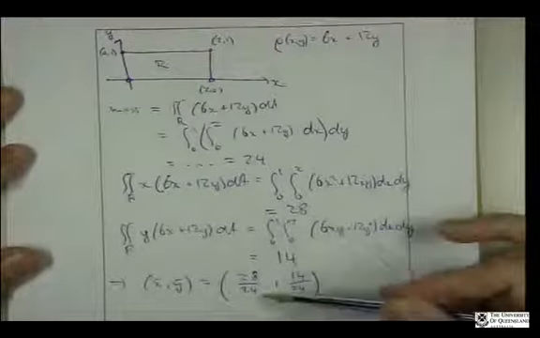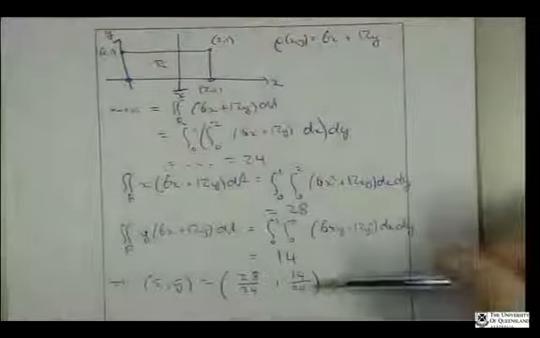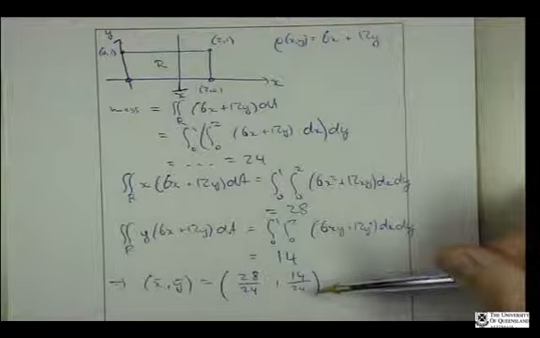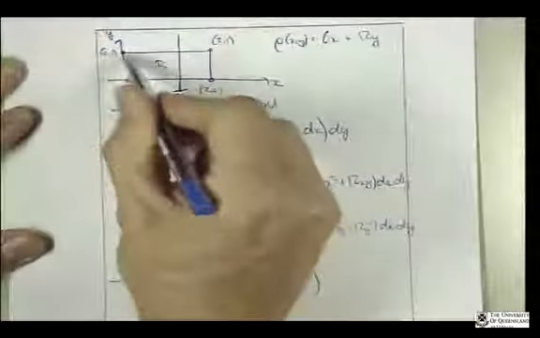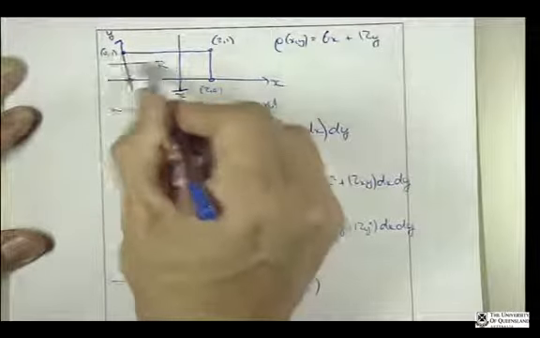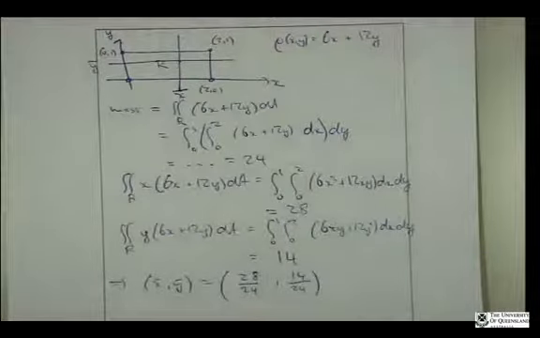In the region, the x coordinate is just a little bit bigger than 1, so our x bar will be somewhere here, and the y coordinate is just a little bit more than 1/2. So the centre of mass is sort of up in the top right-hand quadrant.